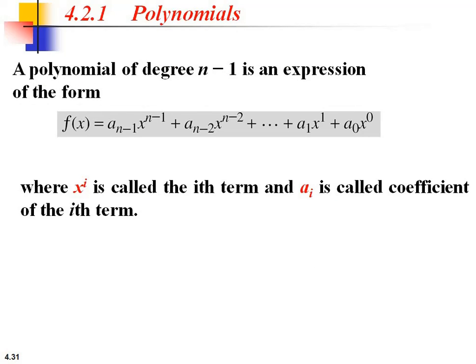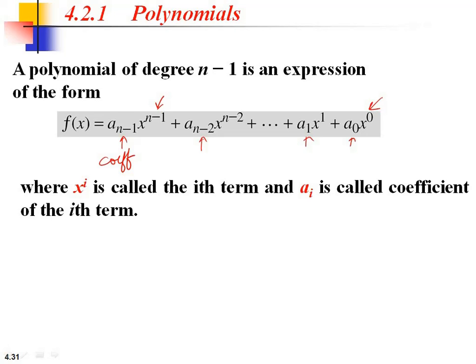Then next is the polynomial. These polynomials are defined just like in your normal mathematics. A polynomial of degree n minus 1 is an expression of the form: a_(n-1) x to the power n minus 1, plus a_(n-2) x to the power n minus 2, up to a1 x plus a0 x to the power 0.